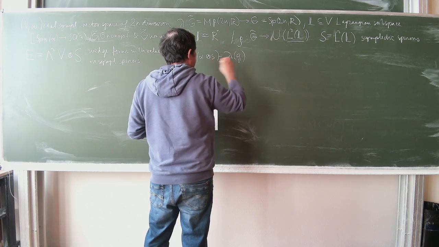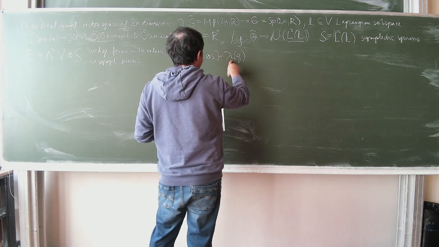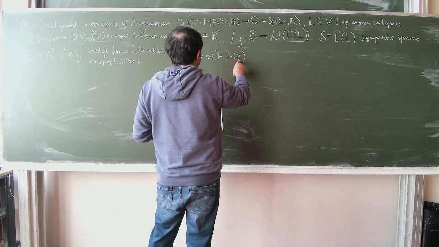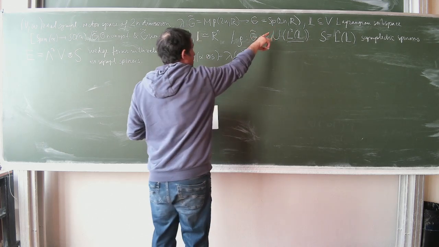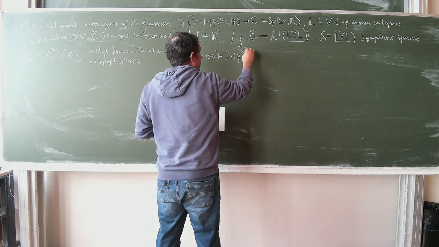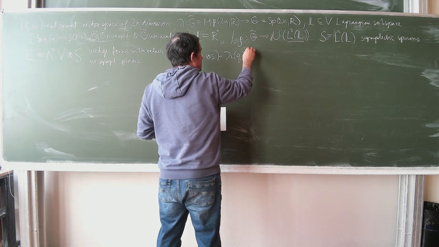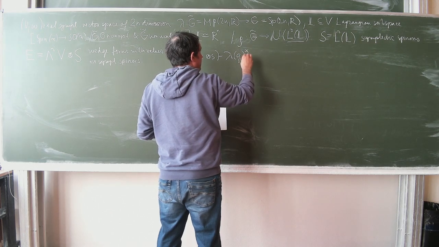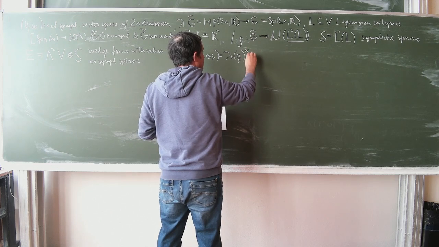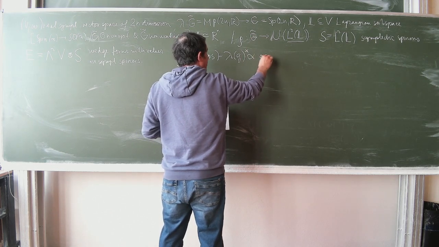It is given as follows. We go via lambda to the symplectic group, so we are acting on the space R^2n. We take a dual in order to act on forms. We multiply by the spinor.